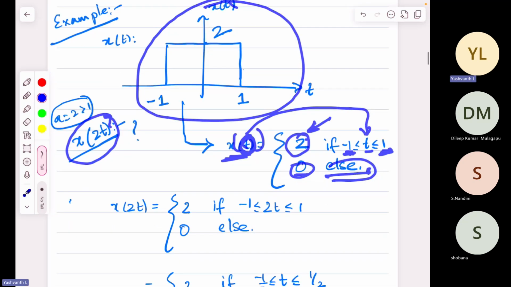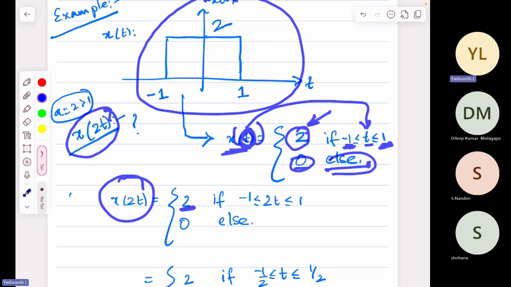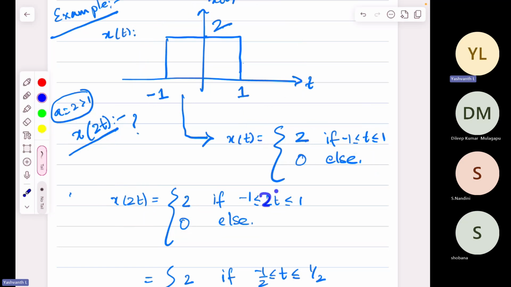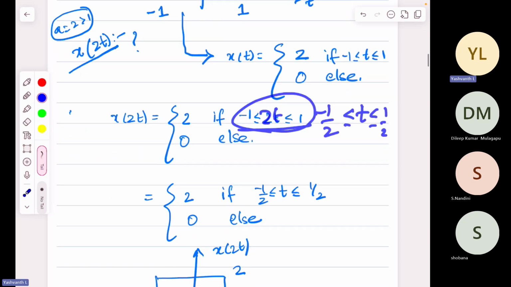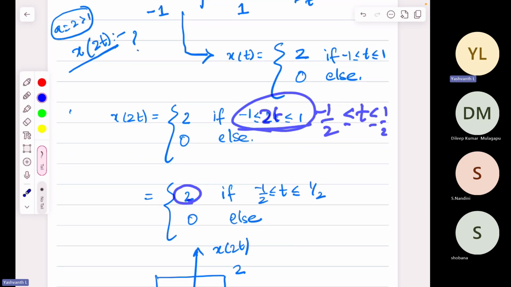So x of 2t should take the value 2 if 2t lies between minus 1 and 1, and the value 0 otherwise. That means 2t is between minus 1 and 1, or t is between minus half and half, just dividing by 2 on both sides. It takes the value 2 if t lies between minus half and plus half, and 0 otherwise.